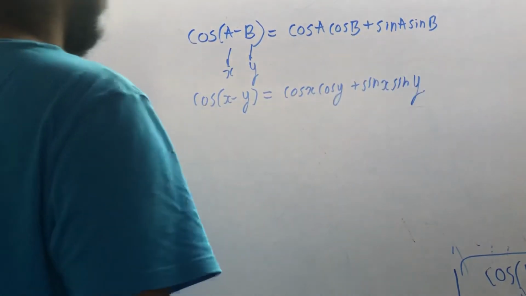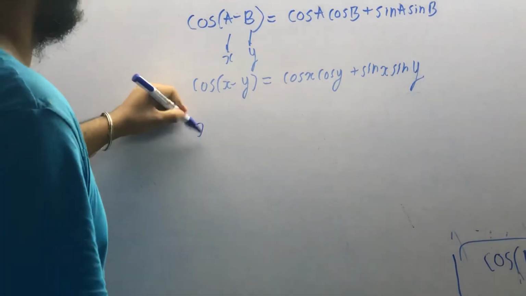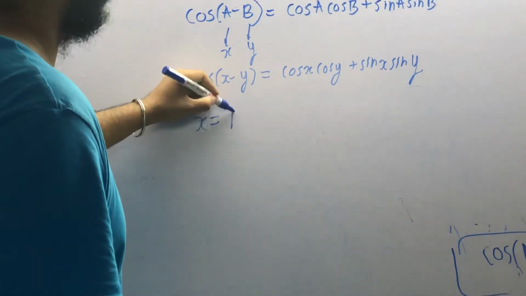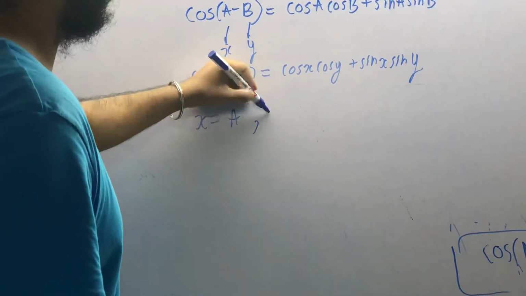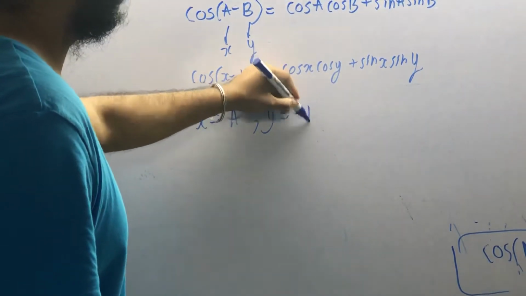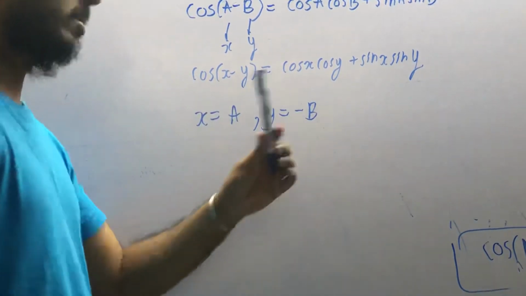sin y. Okay, now I can assume x is equal to A and y is equal to minus B. This is the assumption.